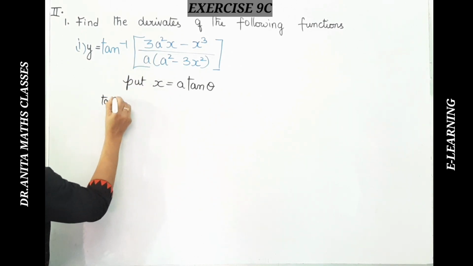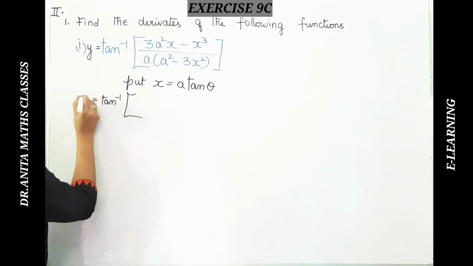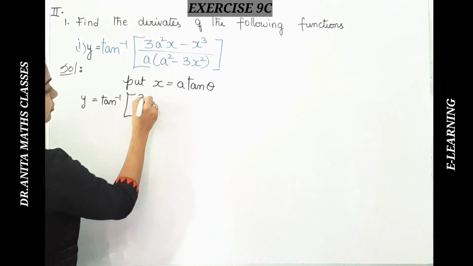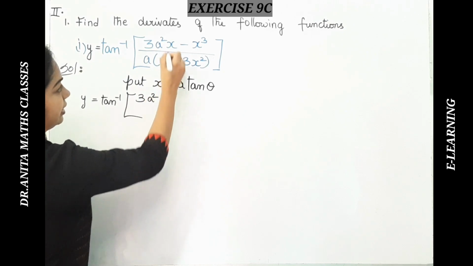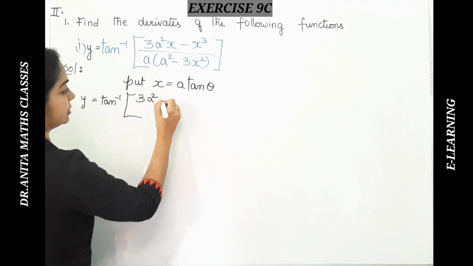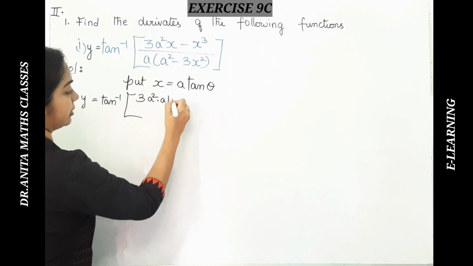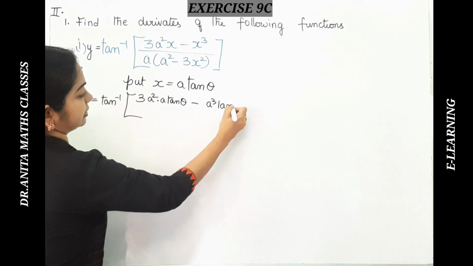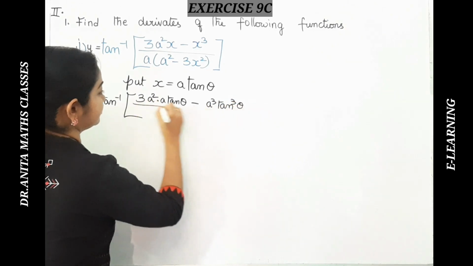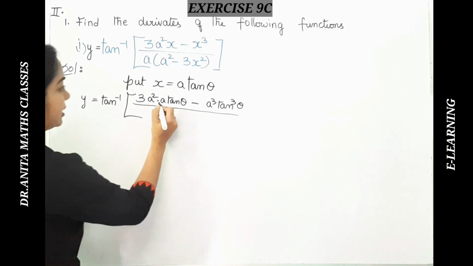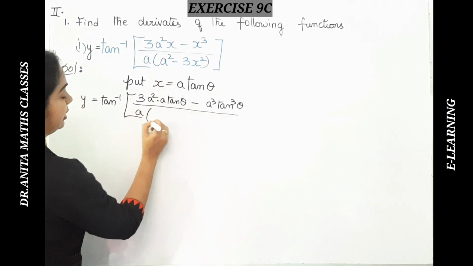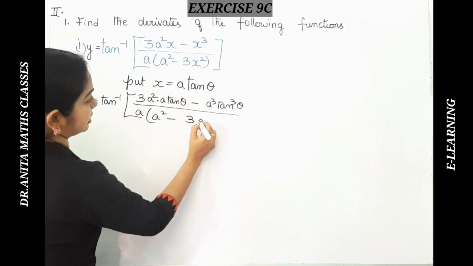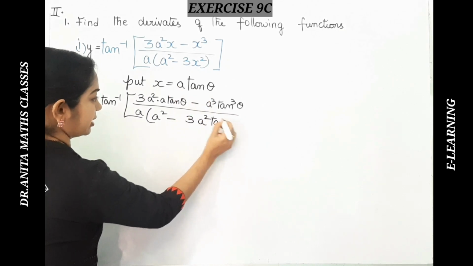So tan inverse of, this is y, 3 into a square x, I am substituting it as a tan theta, minus a cube tan cube theta. Here this is multiplication, here again a into a square minus 3 into x, which is a tan theta, so a square tan square theta.